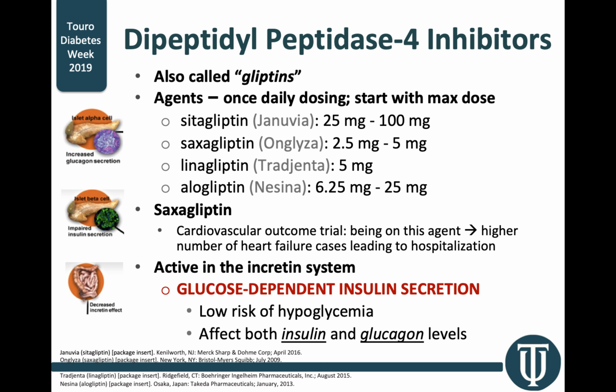What that means is if the patient's glucose level is higher, the medication responds to that by working harder to produce more insulin to help control the sugar. With that special property, this class of medication is associated with a relatively low risk of hypoglycemia. Also, they would impact both insulin secretion and glucagon secretion.